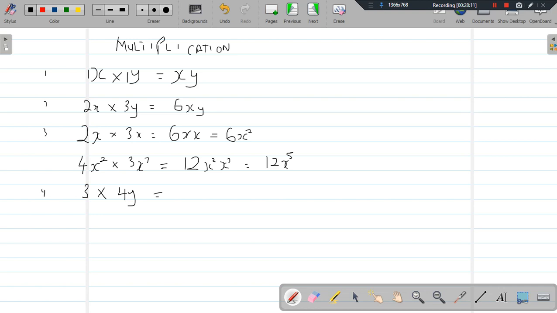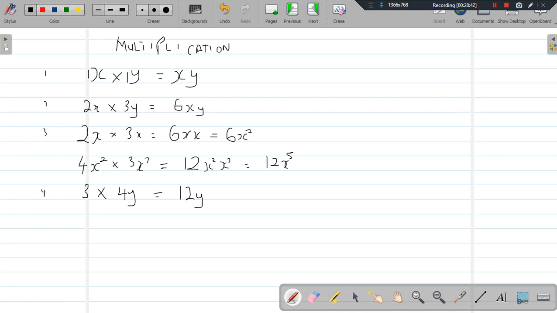So we multiply this 3 by the coefficient of the y here. So it means 3 multiplying 4 is going to give me 12. And then because I have no variable here, I'll just write the variable I have over here. So 12y. Simple as that. I believe you get this concept here. So these are the basic multiplication that we have in algebra.